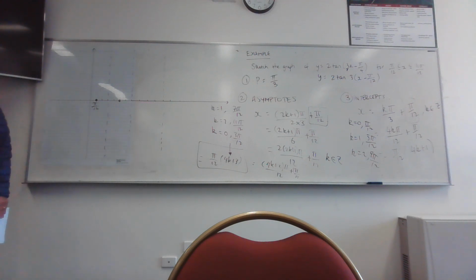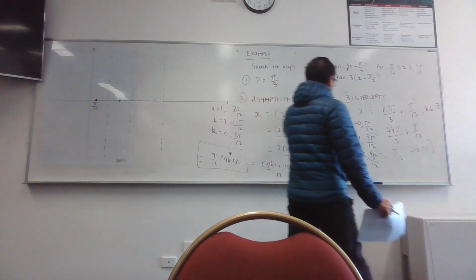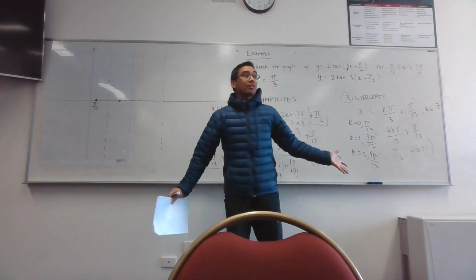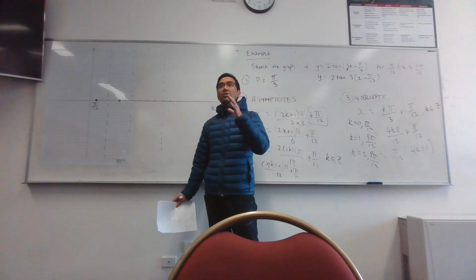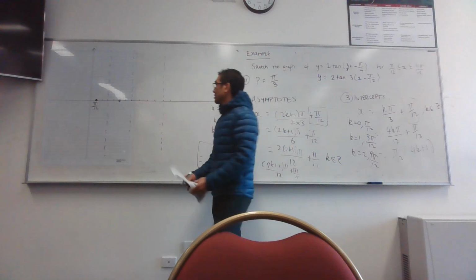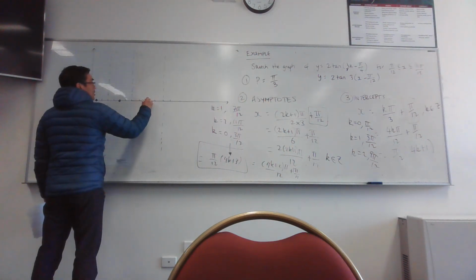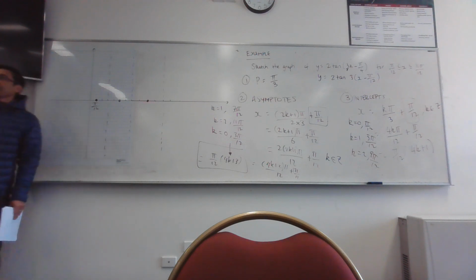What's the other way of, if you've got 1 already, or you don't even need 1, what's the other way of looking for an intercept? The middle of the asymptotes. Thank you, Maya. They're all sitting in the middle.